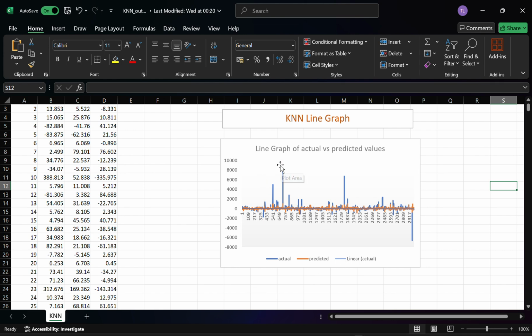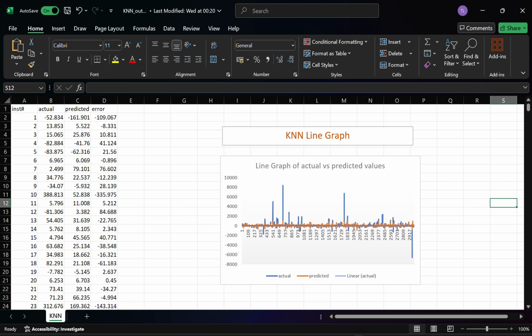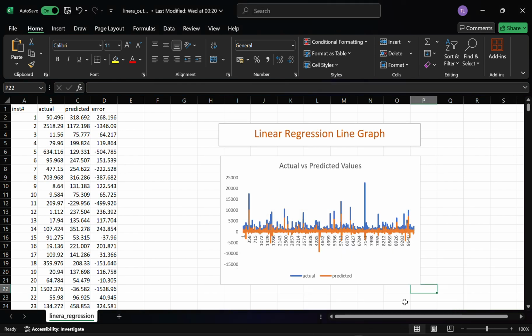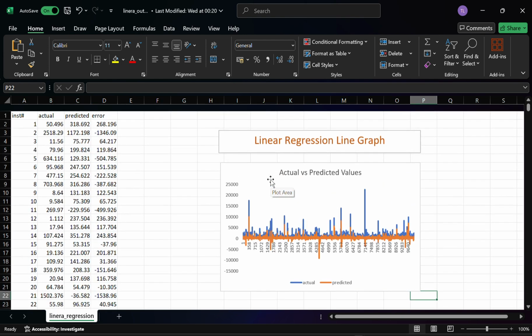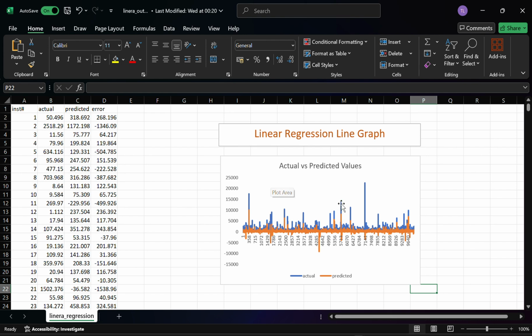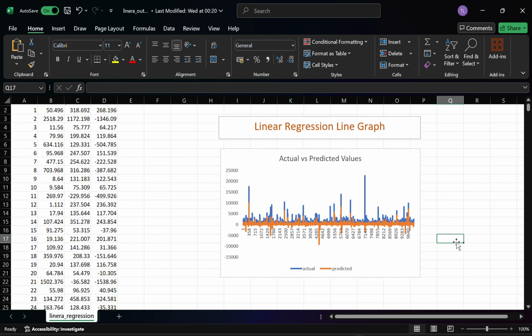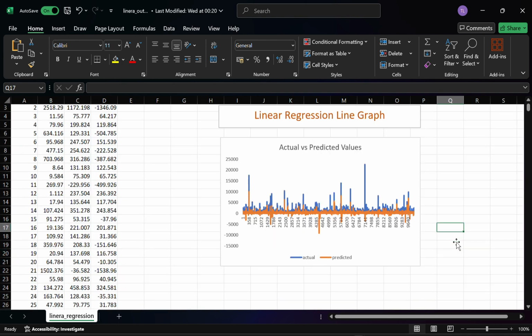The next one is the linear regression graph. It is the same graphical representation as KNN but with different results, because the two models do not perform the same. So this is the difference.